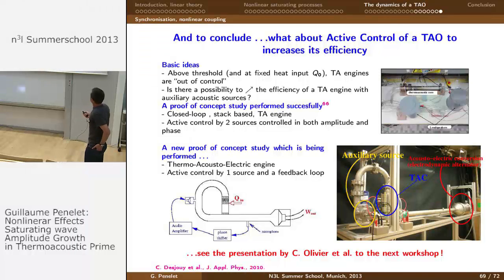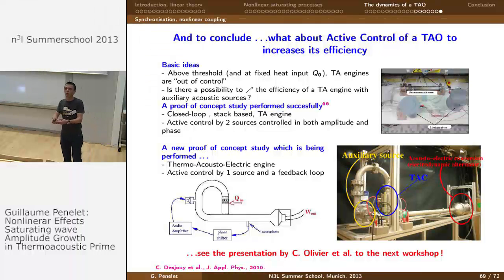So now what we will try is to make this same kind of study, but in a different engine, which is this one. This is a thermoacoustic Stirling engine, which uses a regenerator here, and which is connected to a load, which is a loudspeaker used as an alternator.